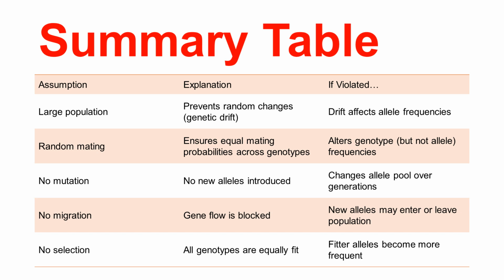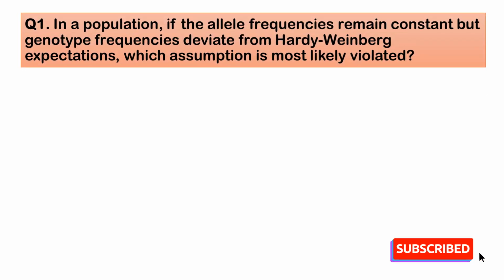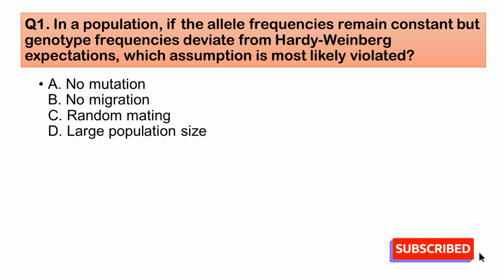Test your knowledge. Q1. In a population, if the allele frequencies remain constant, but genotype frequencies deviate from Hardy-Weinberg expectations, which assumption is most likely violated? A. No mutation. B. No migration. C. Random mating.